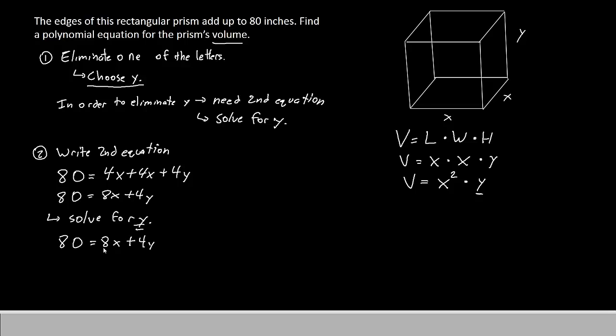First, let's go ahead and move the 8x that's next to the 4y over to the left. We subtract 8x from both sides, so that on the left we'll have 80 minus 8x equals 4y, because the 8x will cancel out. Now to isolate y, we'll have to divide everything by 4.